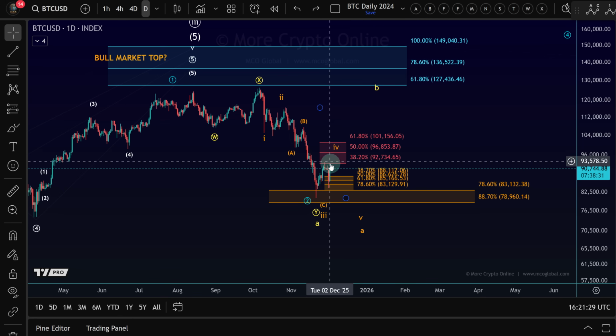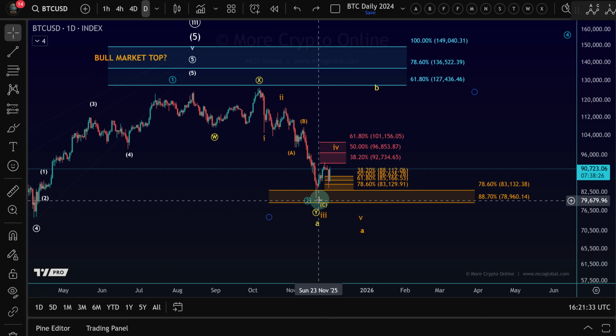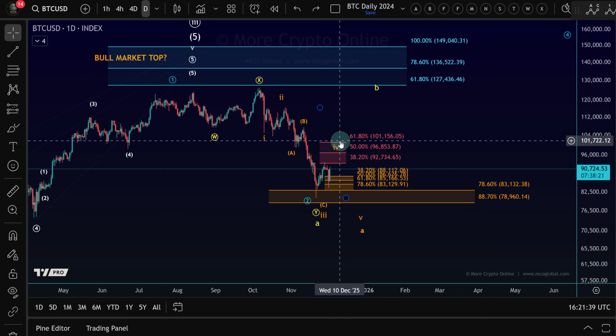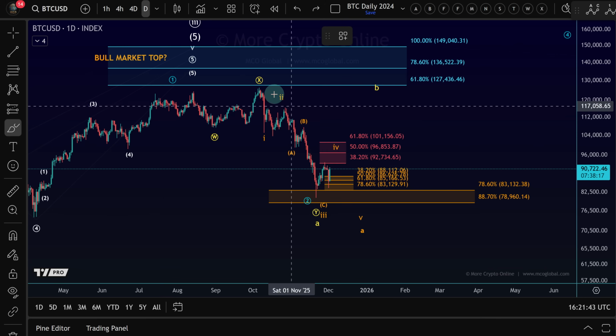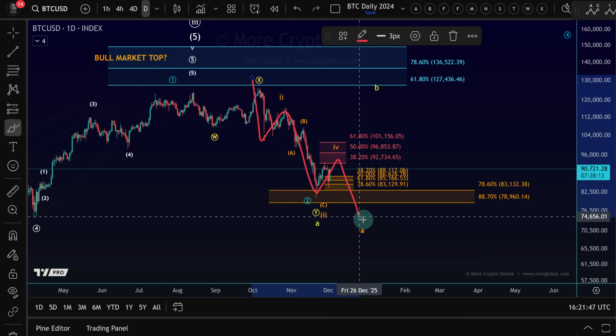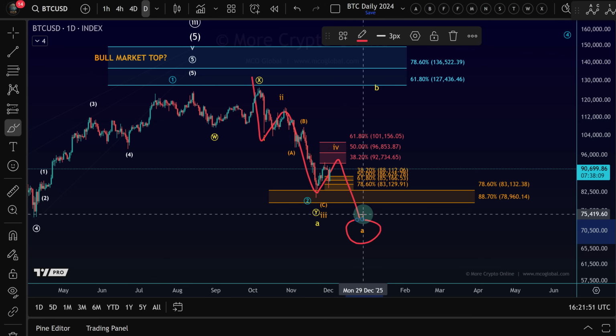Maybe we even break above it. That happened in previous cycles very often. After a break below the 55-week EMA, we reclaimed it, even if just for a short period. But anyway, at the moment, I like the idea of 1, 2, 3, 4, 5. That could be an A wave. There's a high risk. Let's see it the other way around.